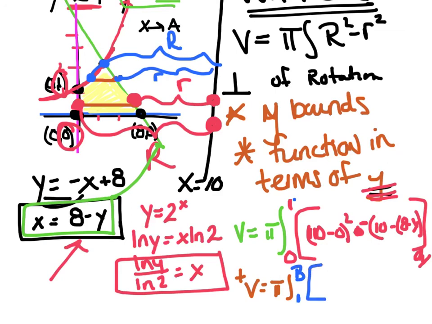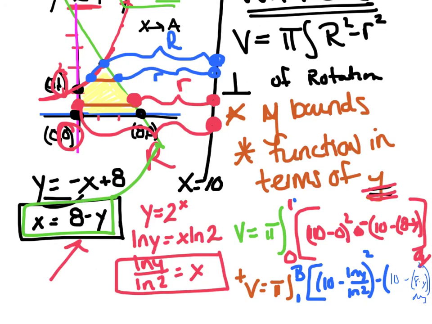All right, right minus left, start on big R. Its right side is on 10, minus its left side is on my pink line, which we said was the ln of y divided by the ln of 2. It's that chunk squared, minus little r would be 10 minus the green line. This is not squeezing in. So I'm going to say that's 10 minus my green line was 8 minus y. All of that squared, and slap a dy on the end of that.